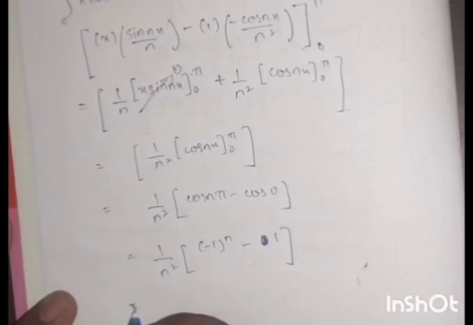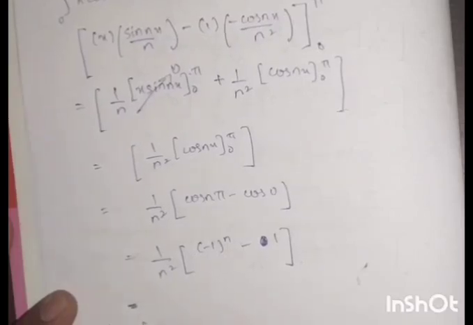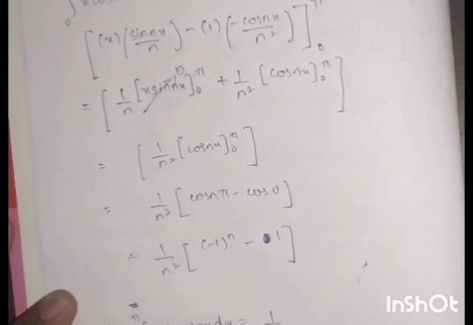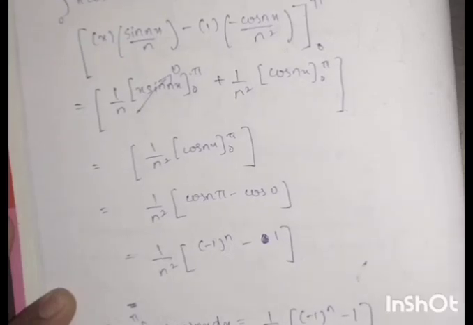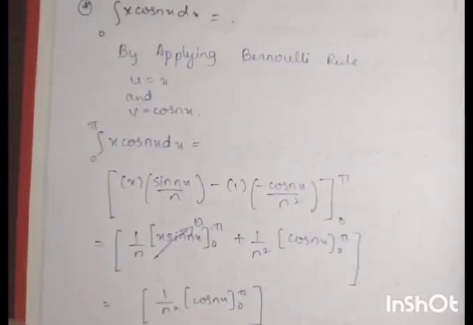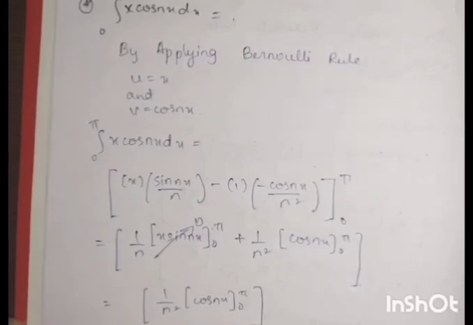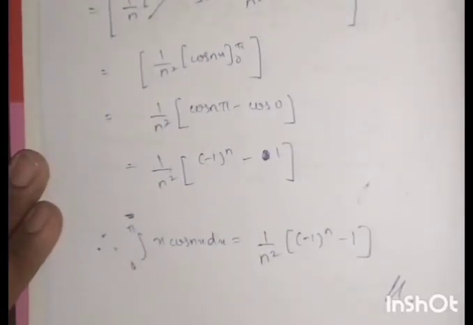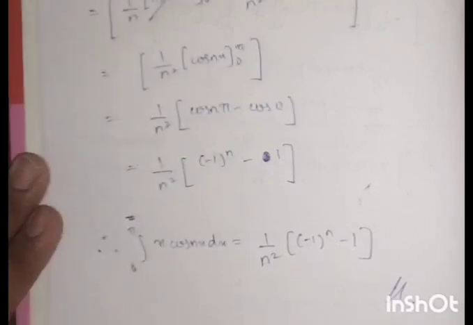Therefore the integration from 0 to pi of x cos nx dx gives the answer 1 by n square times minus 1 raised to n minus 1. So again we can easily solve this problem, integration of x cos nx dx. The answer is this. So now we will solve problems on Fourier series.